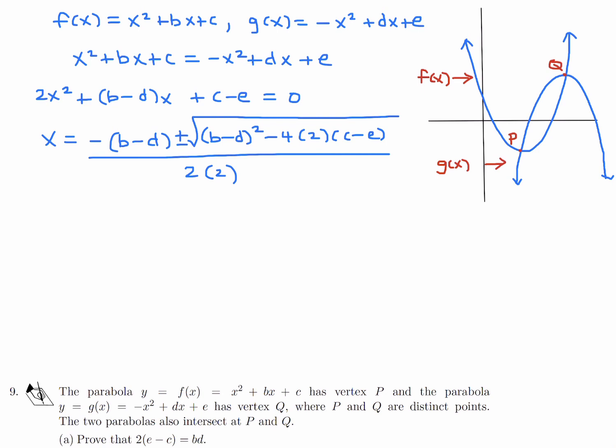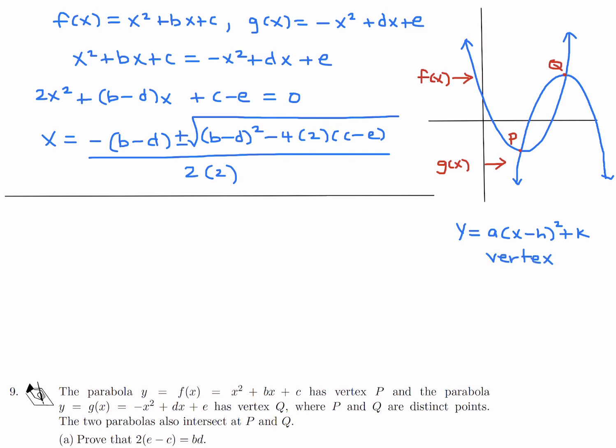The second part is going to figure out the formula of the parabola, but in a slightly different format. Which format? Well, this format right here. A(x minus h) squared plus k. Why? Because in this format, we can immediately tell what the vertex is. It's (h, k). And our vertex, for example, for the first one is P, and for the second one is Q.